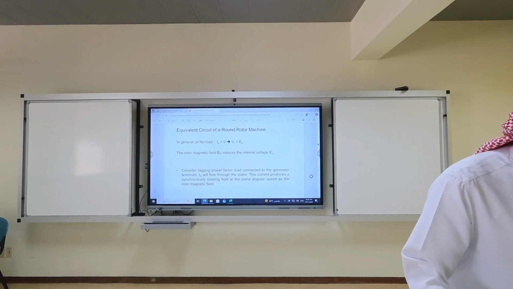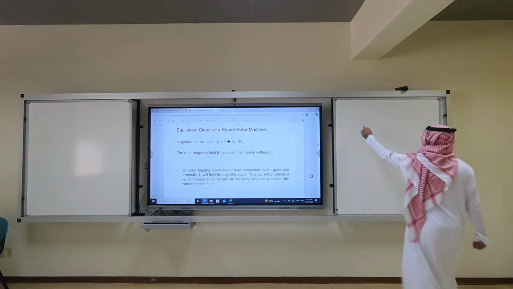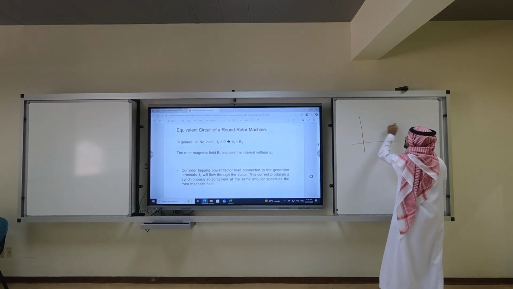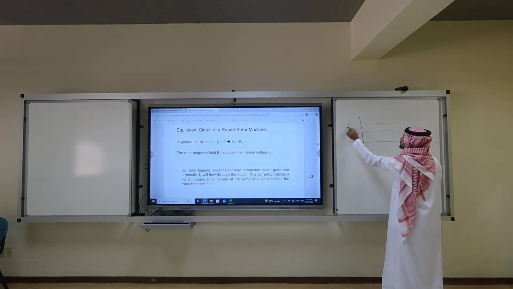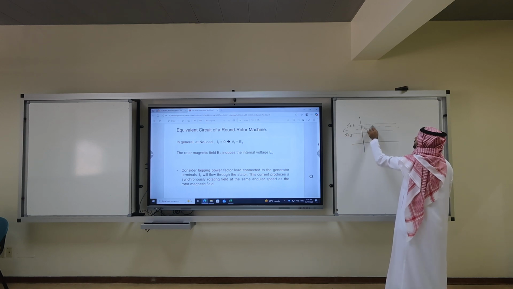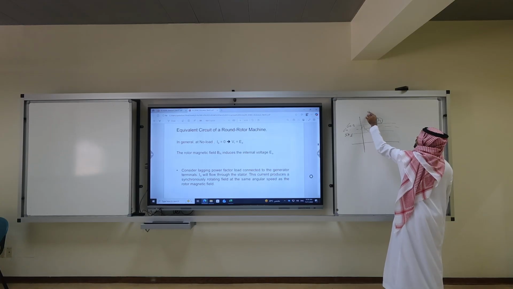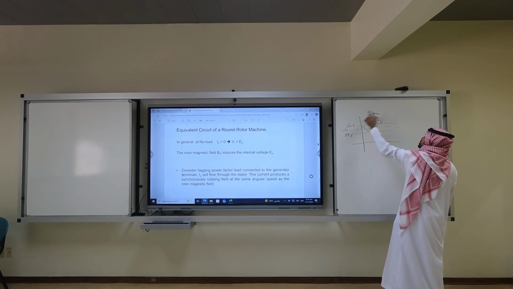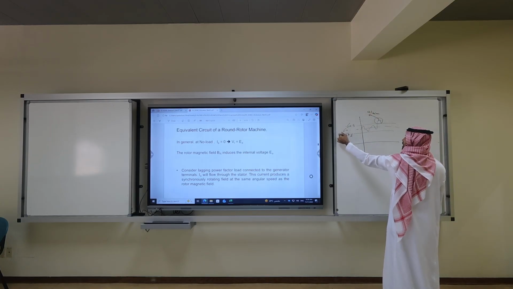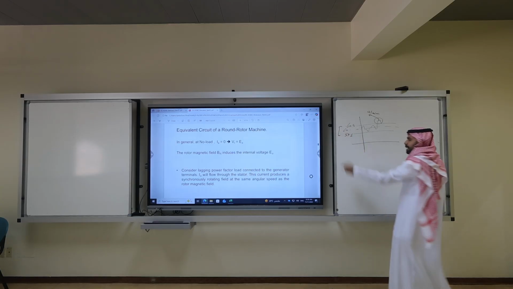As a matter of fact, if you go to any control room, you will notice that there is a band of allowed frequency of maybe, let's say, 60.5, 59.5, and I have ideally 60. If I have a curve like that, if I exceed this band, then we have an alarm. So we always have to ensure that the electrical frequency in the stator is within the safe band.